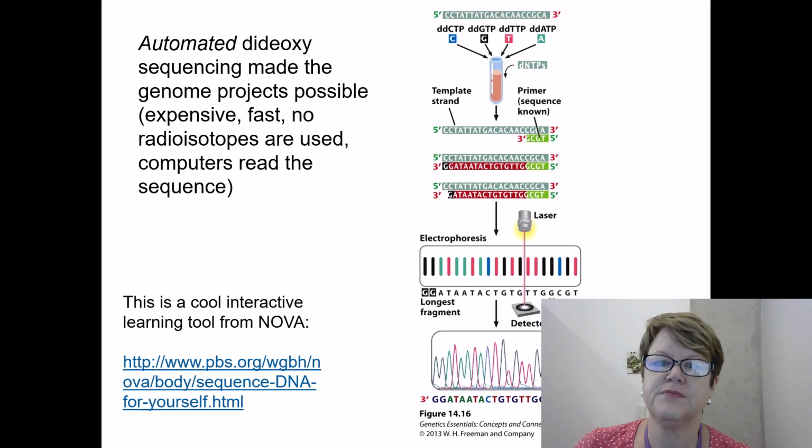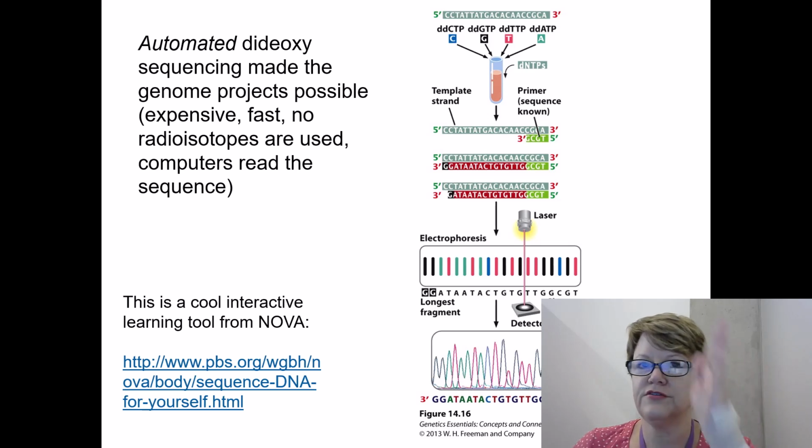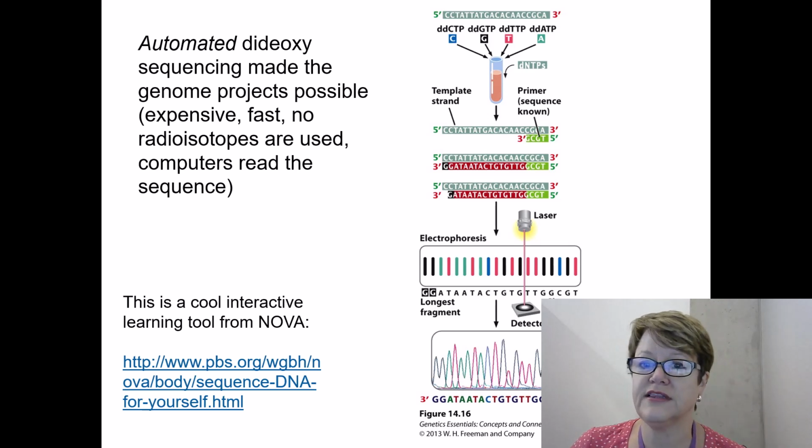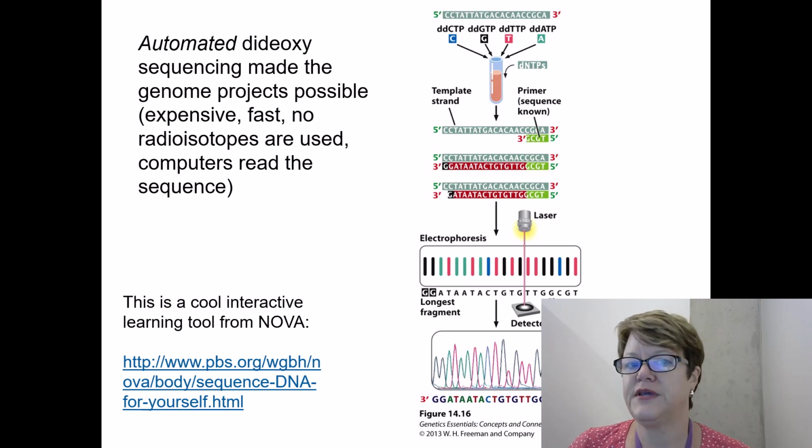But in the late 80s, early 90s, they developed an improved version of this. Instead of using radioisotopes, they used fluorescent molecules for the nucleotides. And so this was much safer, and you could load all of the samples onto the same electrophoresis lane because there was a laser that would read the colors, and so you could tell which base it was.